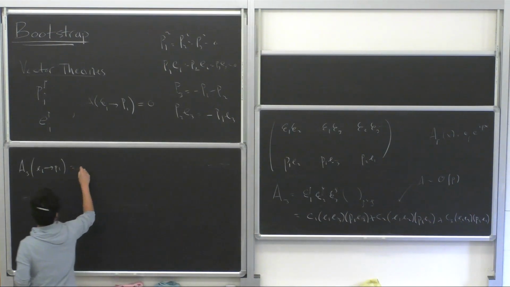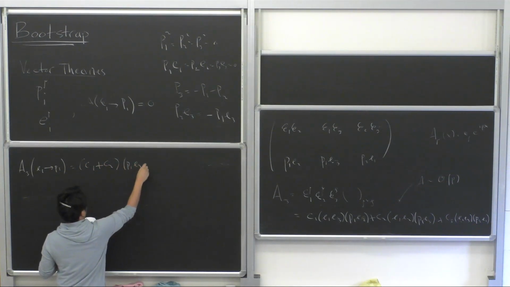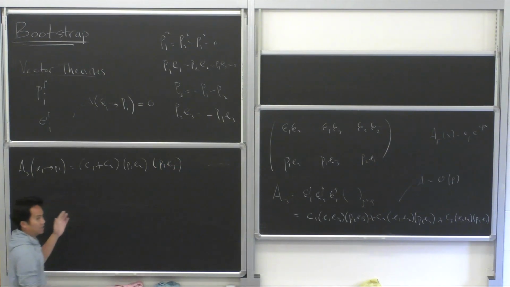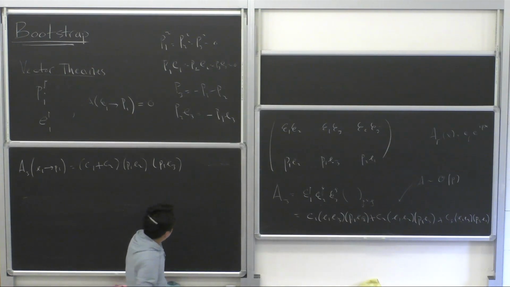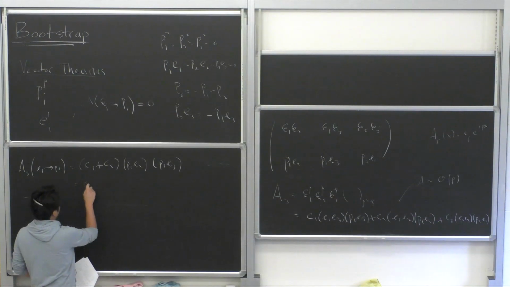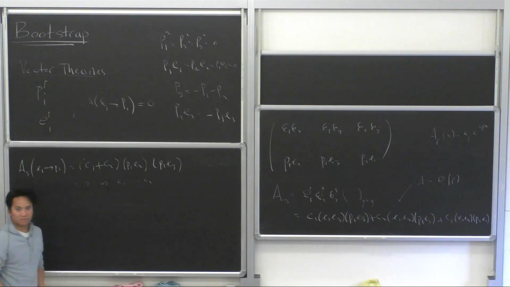You get things that look like this: (C1 plus C2) times (P1·E2)(P1·E3). This is the kind of expression you get. So I've gone back to a minimal basis here. The point is that this thing has to be 0, which means C1 equals minus C2. Good question. Yes.